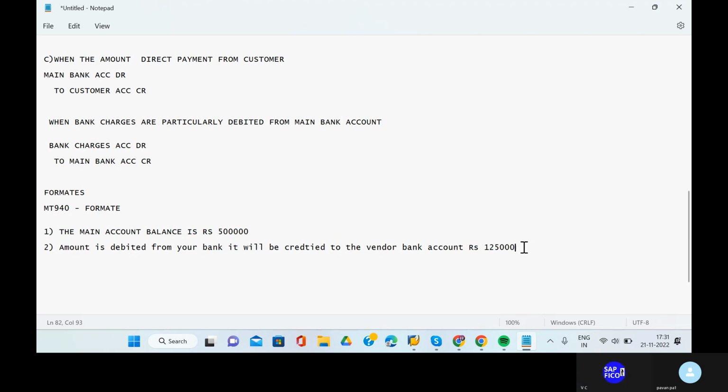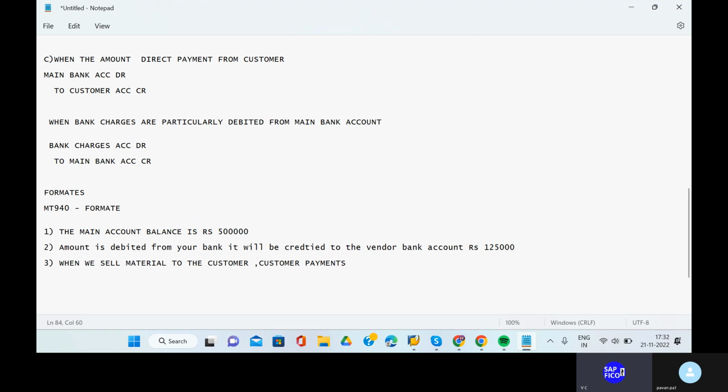So now the third point is: when we sell the material to the customer, payments are to be expected. Customer payments are to be expected.